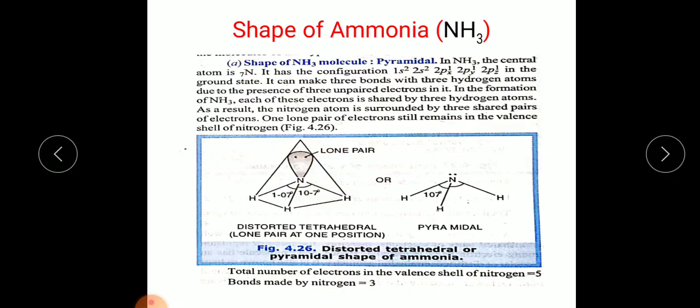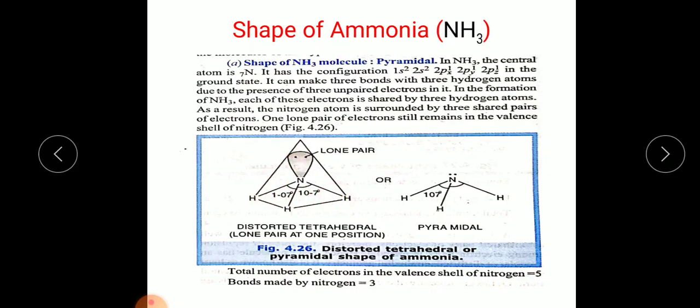Now why is it so? Because over here we have got a lone pair of electrons, and this nitrogen and hydrogen forming is called a bond pair, and this is also a bond pair, this is a bond pair. Now when you see the previous order of repulsion, this will be lone pair and this bond pair, this will be lone pair, this bond pair, this will be bond pair, bond pair, bond pair.